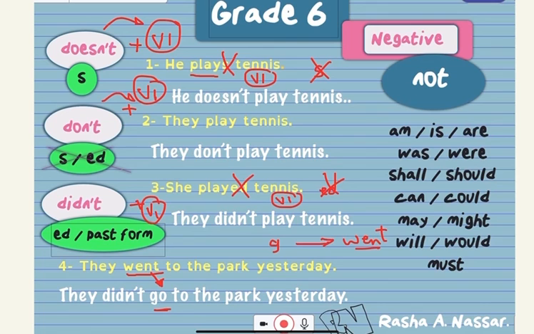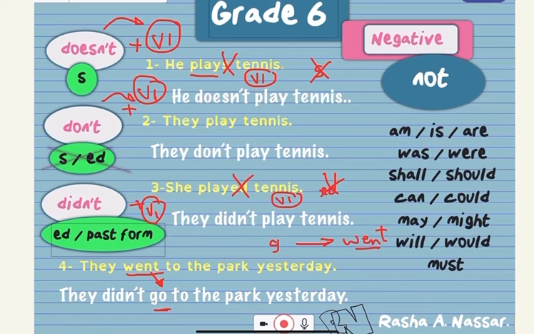So here again, when you want to change the sentences into negative, you should first look at the verb. If you see the verb with s, you will use doesn't plus V1. If you see ed or past form, you will use didn't.